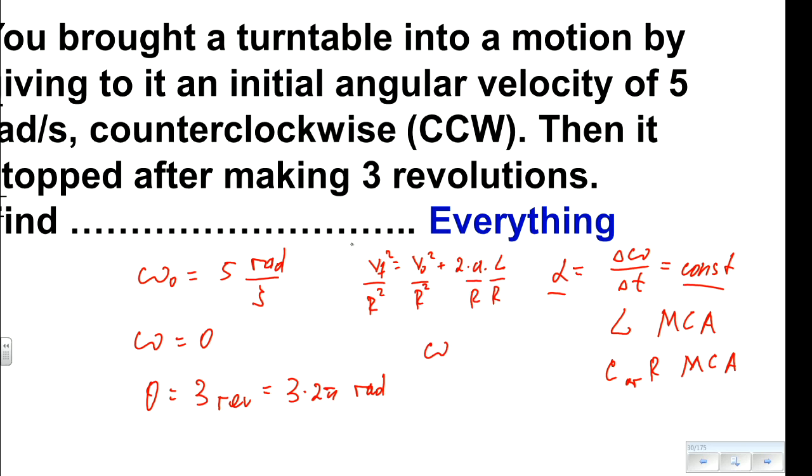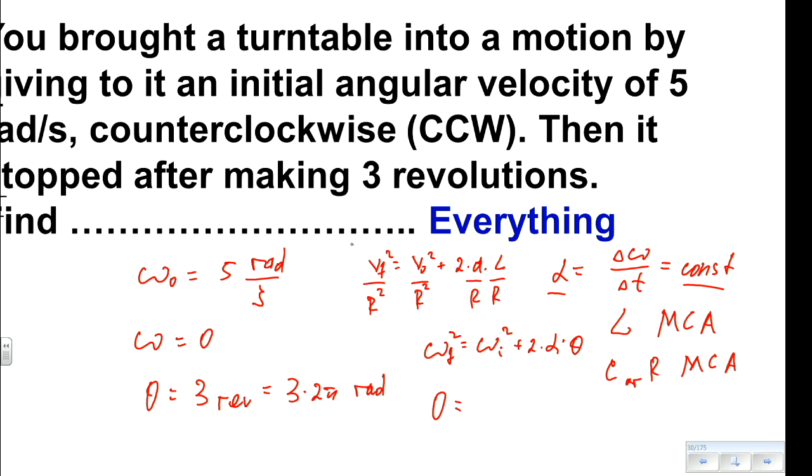And this gives me the equation which uses angular variables. Omega final squared equals omega initial squared plus 2 alpha theta. Now, this is exactly angular acceleration. This is exactly angular displacement. And now all we need to do is just use the numbers.